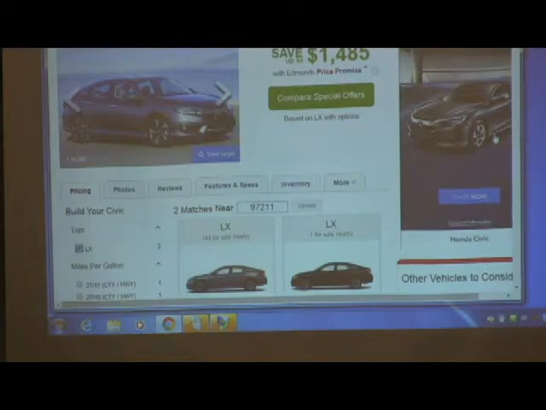That's LX, that's why there's a picture. It's on a different website. Select the style. I picked it. I want a manual.